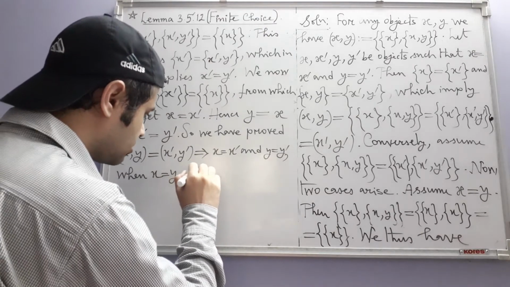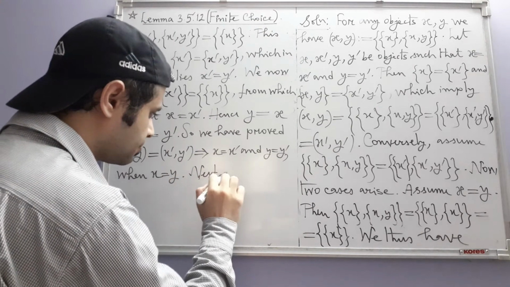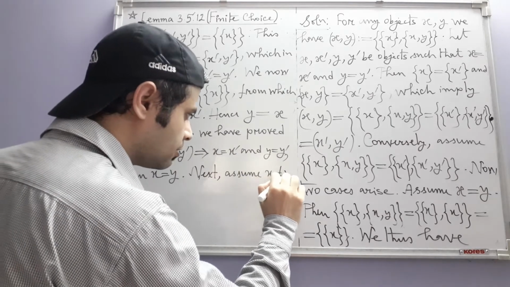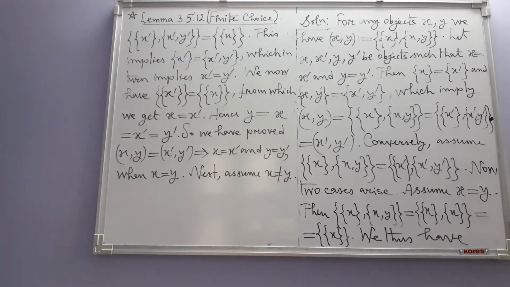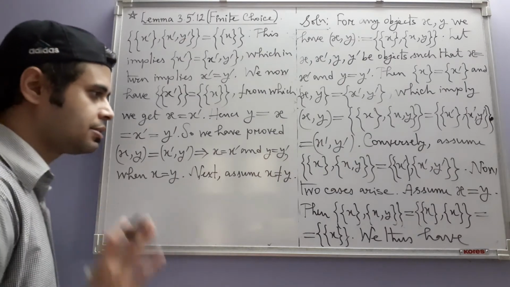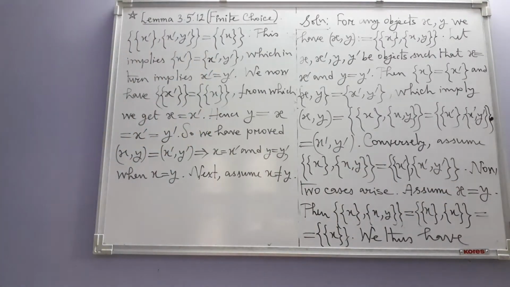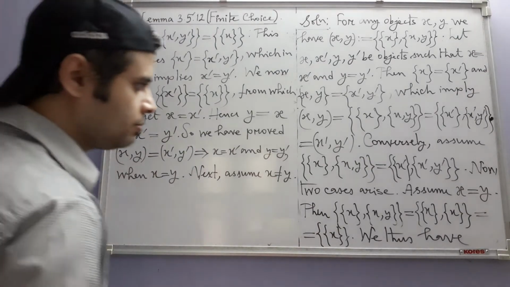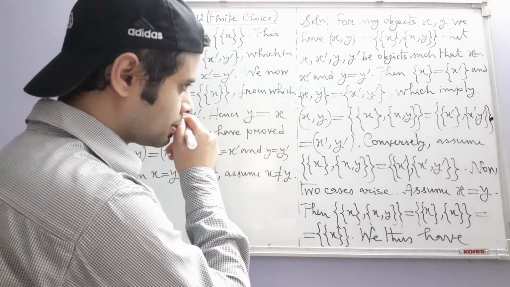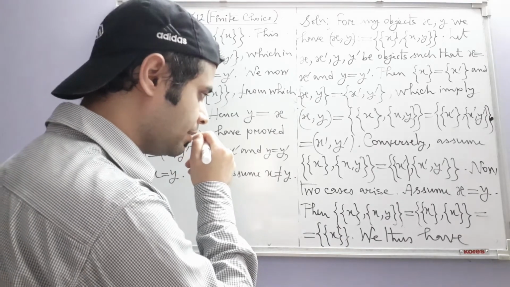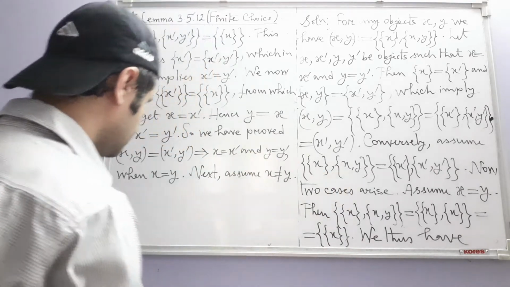Now next, assume that x is not equal to y. Okay. So now if x is not equal to y, what can we conclude from this? If x is not equal to y, that means this is not equal to this.